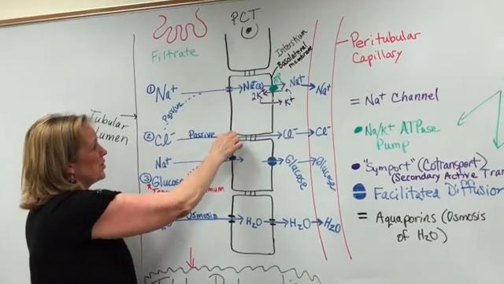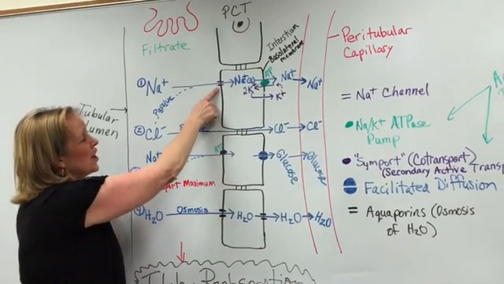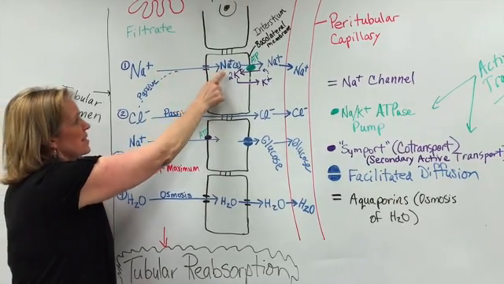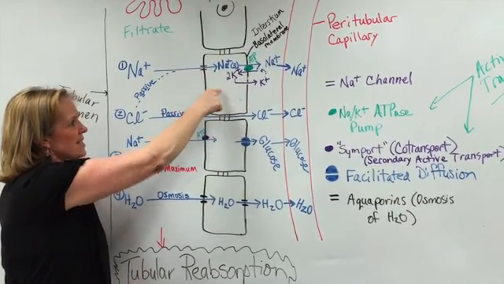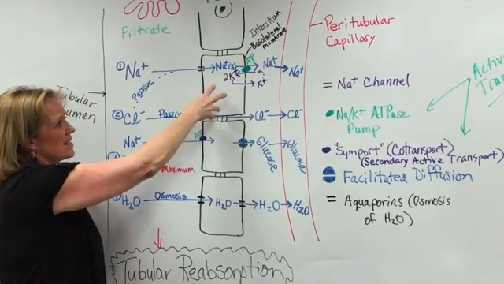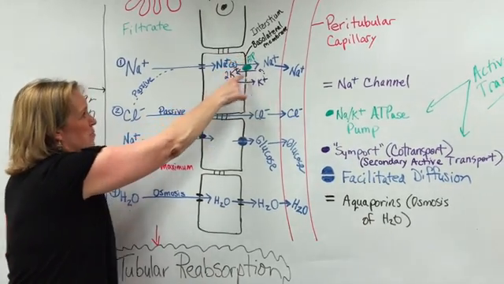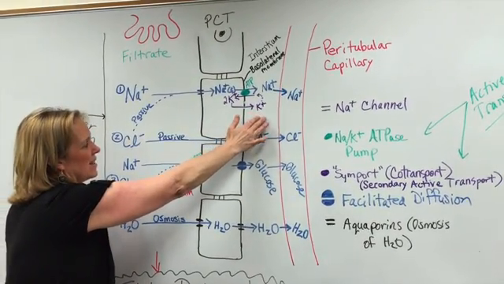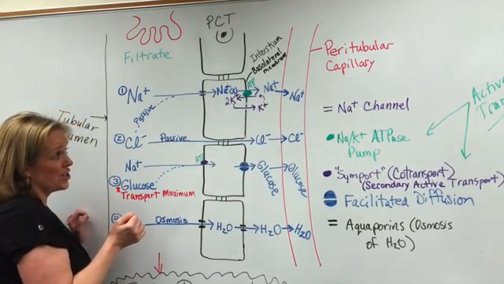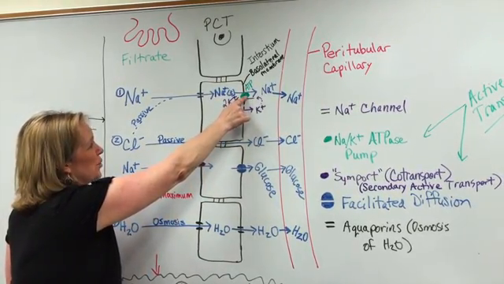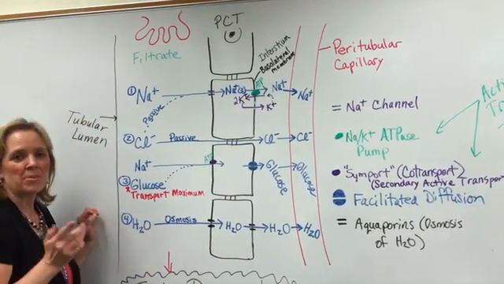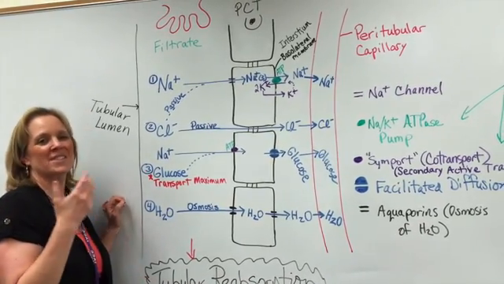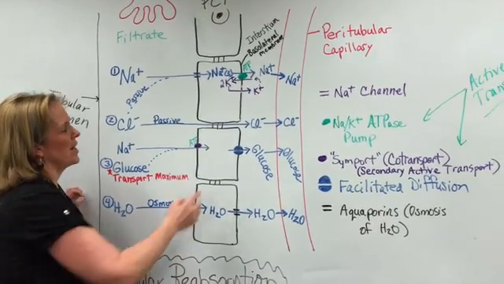Within the apical surface of the tubule cells, you have sodium ion channels that sodium can easily move through and into the cell. Once it gets into the cell, on this basolateral membrane, which is the side of the cell that is communicating with the interstitium, you have the sodium-potassium ATPase pump, which we've talked about before with respect to nerve impulse conduction and other processes.